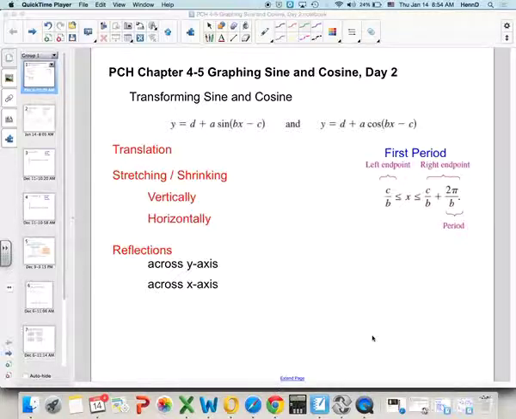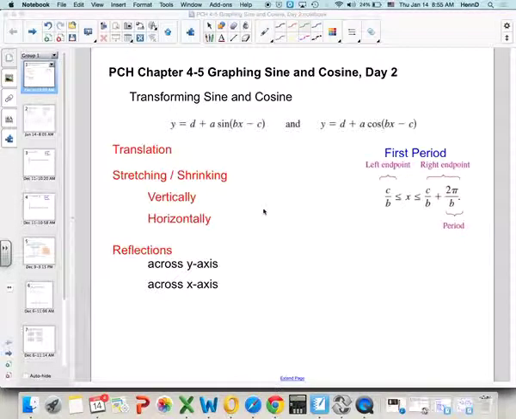Now let's just see here, first of all, how this moves about, okay? The only real change in this compared to what we have done with our functions before and our transformations is this bx minus c. And it's really the horizontal translation. Remember how before we used h and k?